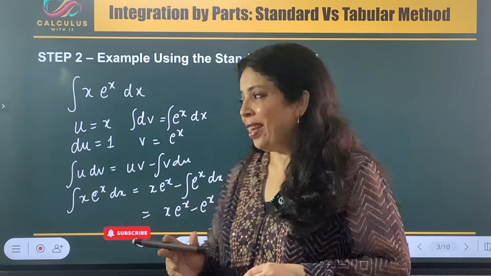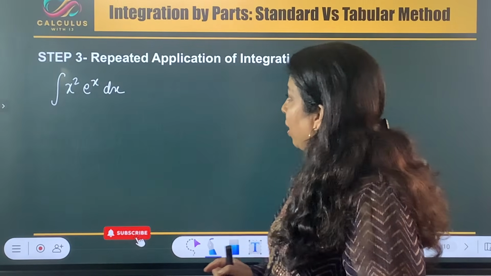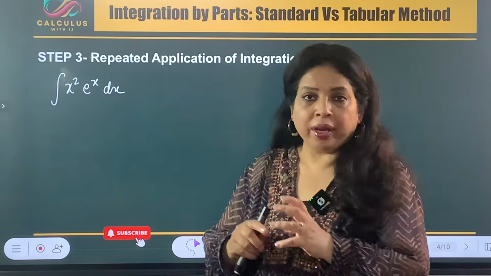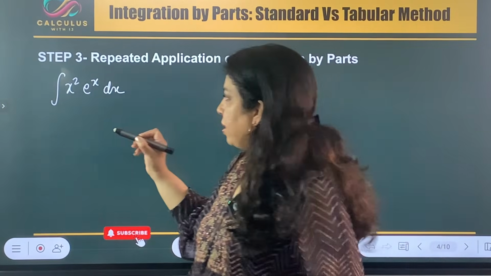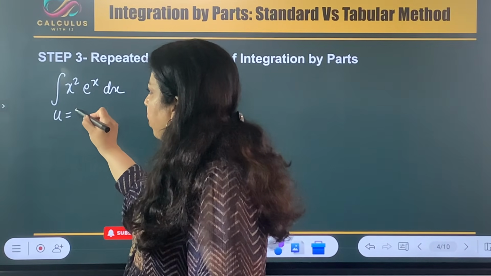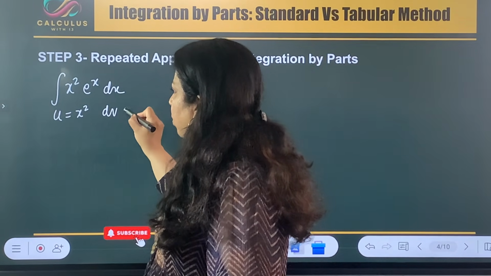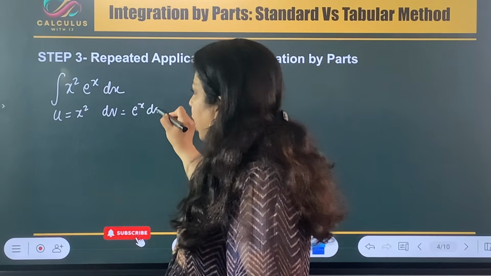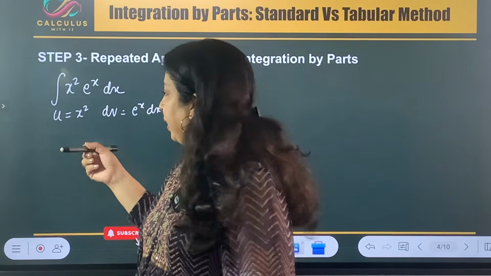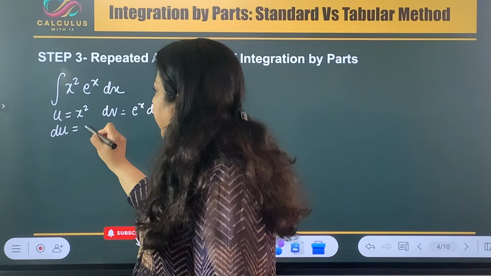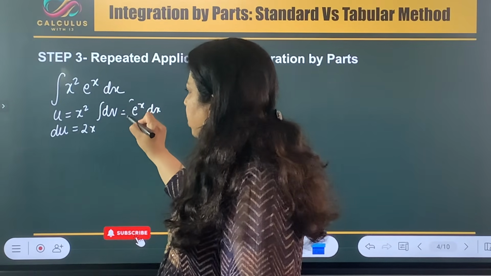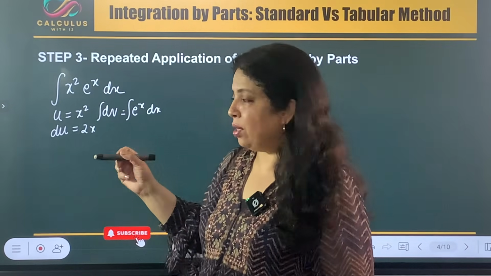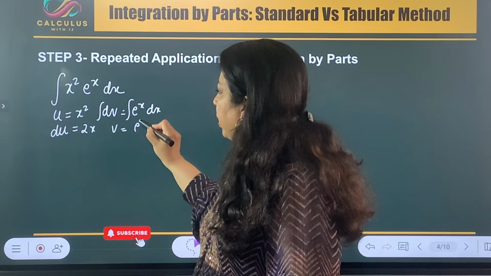Now let's look at another example. We have integral of x square e to the power x dx. Let's take u is equal to x square and dv is equal to e^x dx. We differentiate u to get du is equal to 2x, and we integrate both sides to get the value of v. So v is equal to e to the power x.